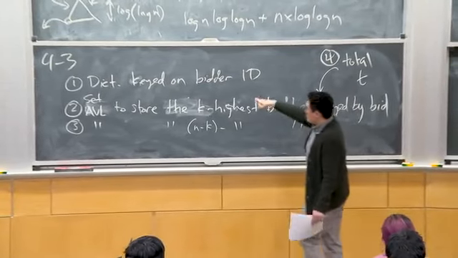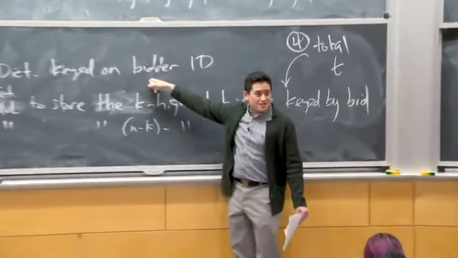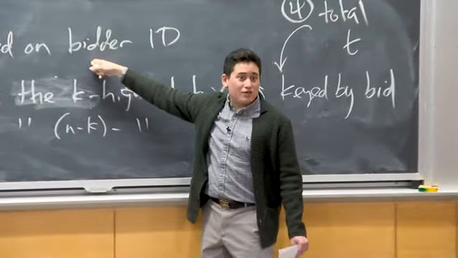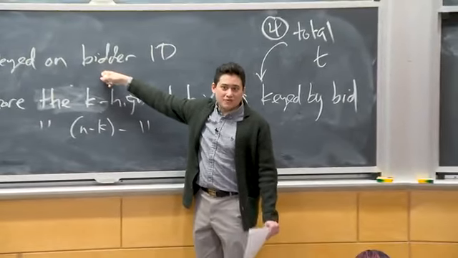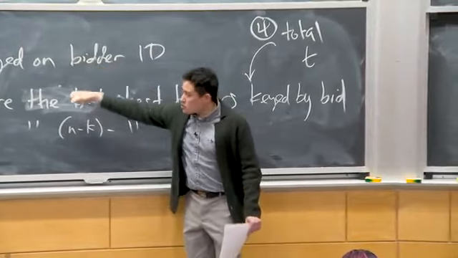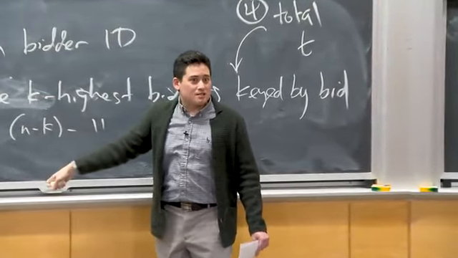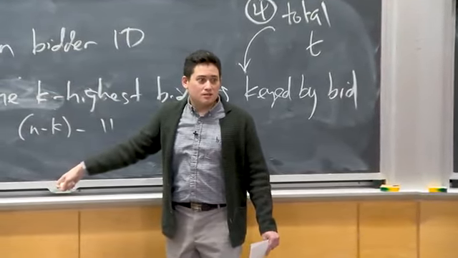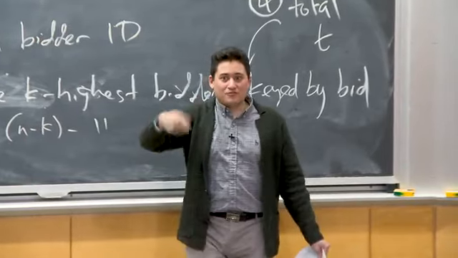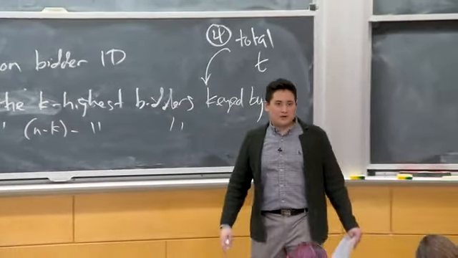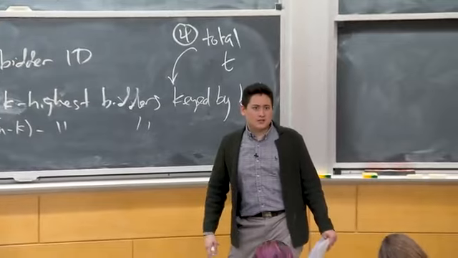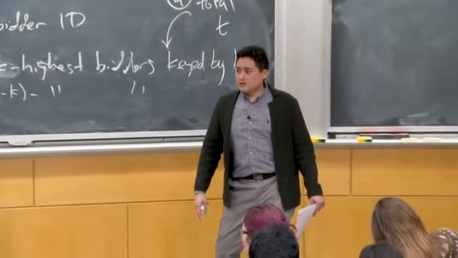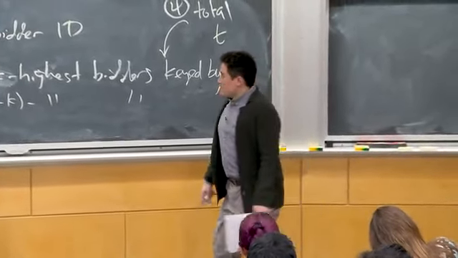What I can do is store in this dictionary, which I can look up in some amount of time, a pointer to where it exists in these things. Does that make sense? This is called cross-linking. You may have done that a little bit in problem set 2 or something like that. Yeah? Are we storing a pointer to a specific bidder? Yeah, exactly.